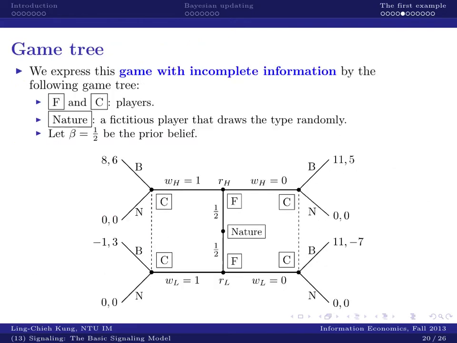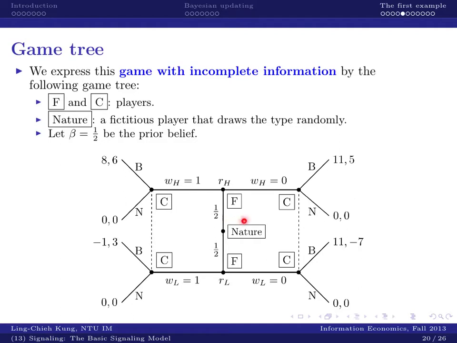We will take everything into the following game tree, because this is a game with sequential decisions, so it's natural to represent everything by a game tree. But because we have a game with incomplete information, in the game tree there are some things new to us. Those inside a box are players.